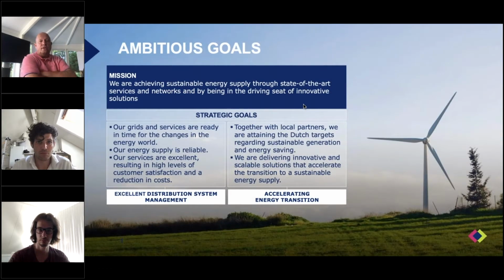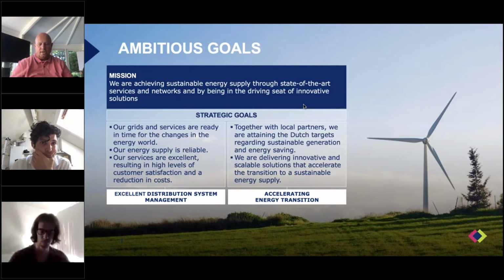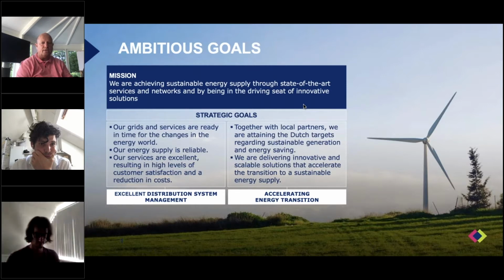So in 2014, we understood that we had really ambitious goals. With ambitious goals, we see that the whole energy market and the grid companies do not know what the future will bring. So we needed something that creates the agility and the ability to change as soon as possible within the organization.